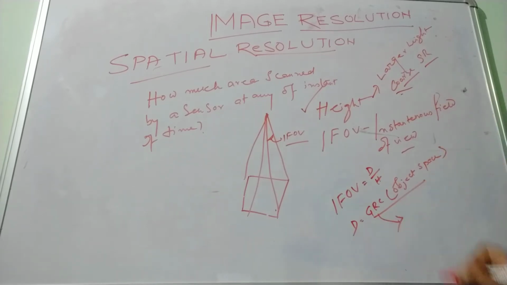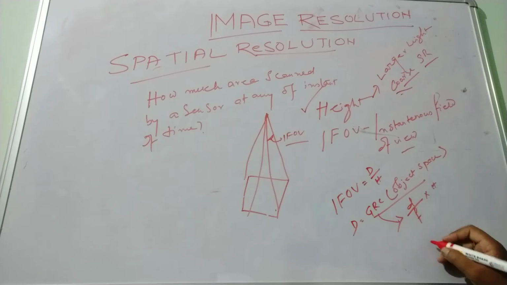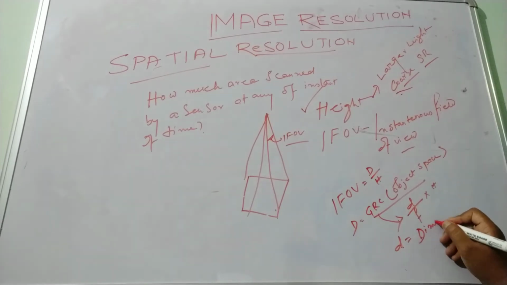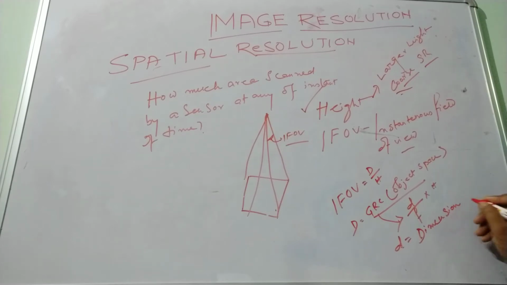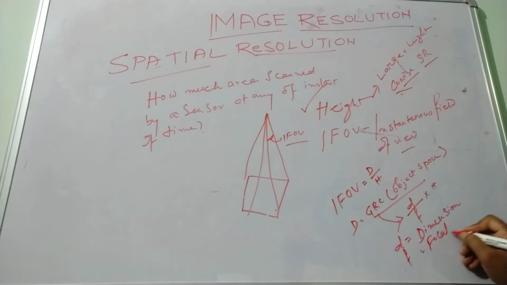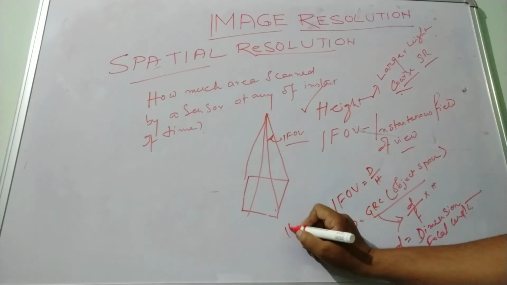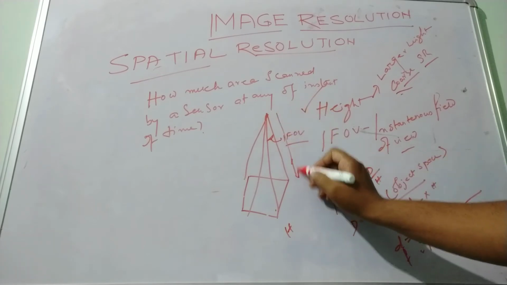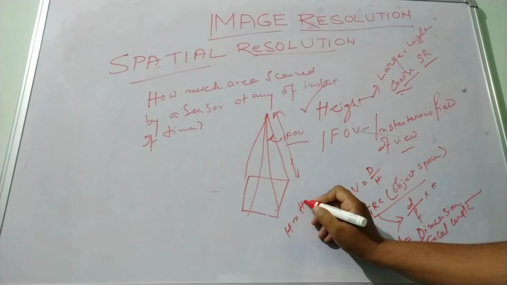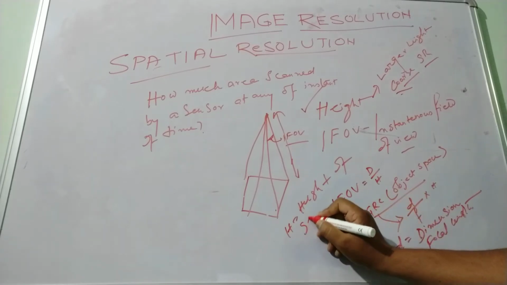This can be calculated as small d by f into h, where small d equals the dimension of the pixel, f is the focal length of the camera, and h is the height of the sensor above the object.